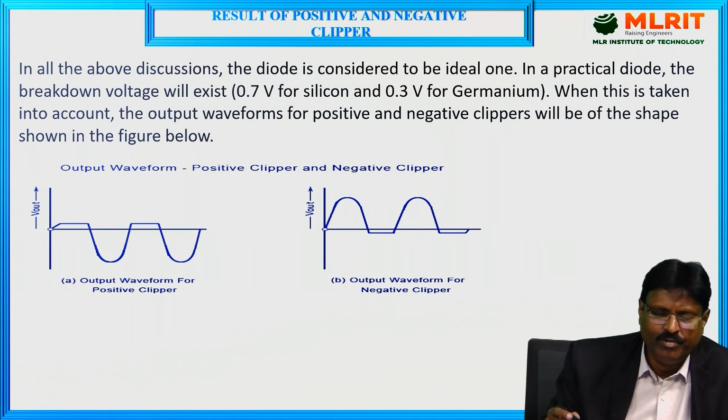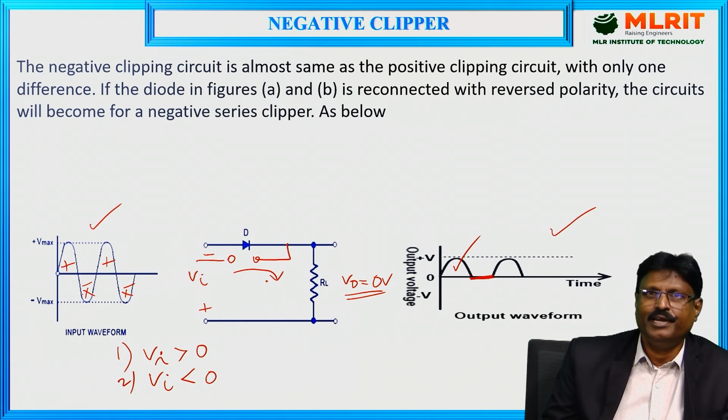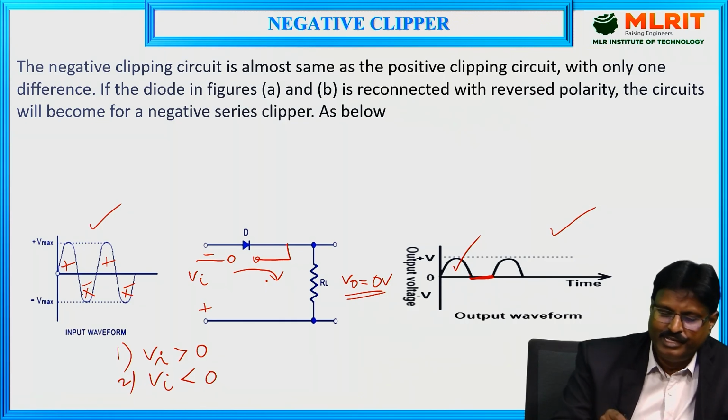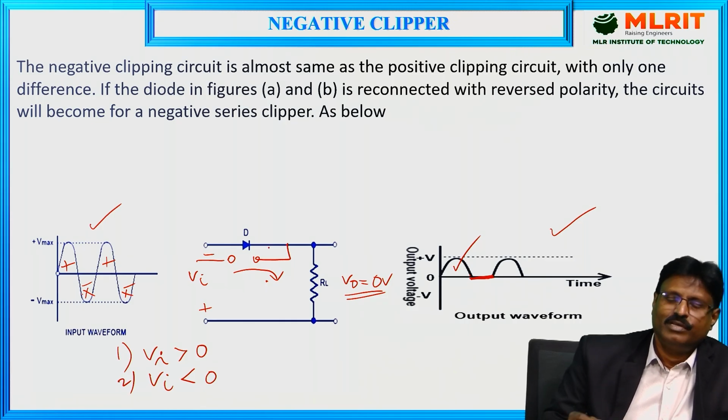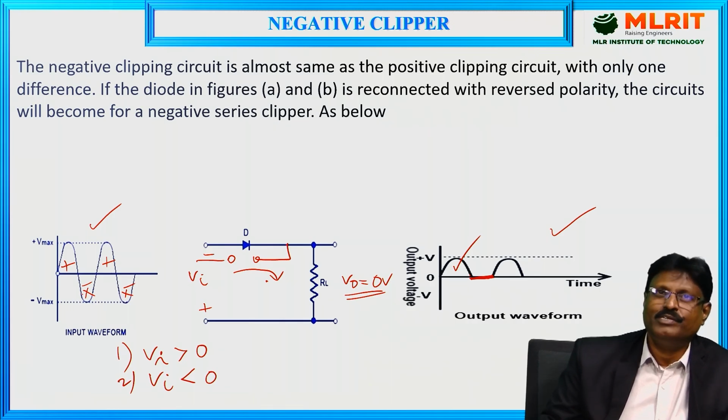And whatever we discussed here in the two clippers is the ideal case. Ideal case in the sense the diode must offer 0 resistance in the forward biased manner and it must offer infinite resistance in the reverse bias manner. So we are not considering the barrier potential that occurs at 0 bias.